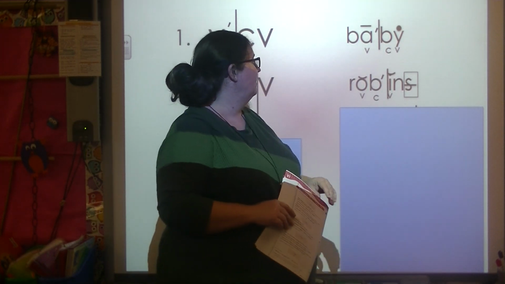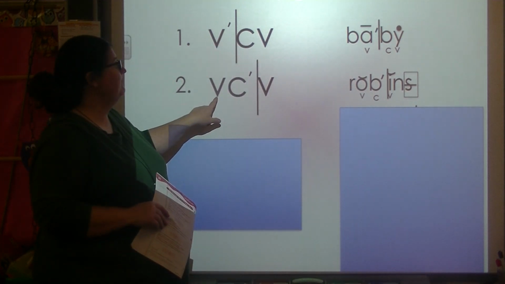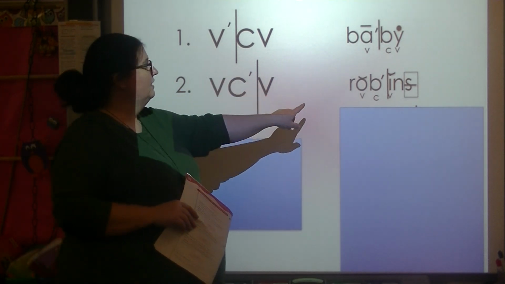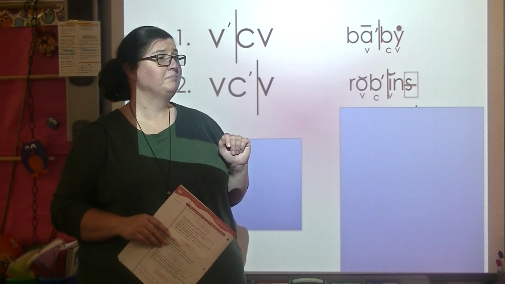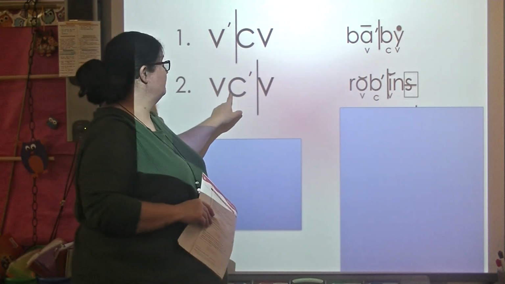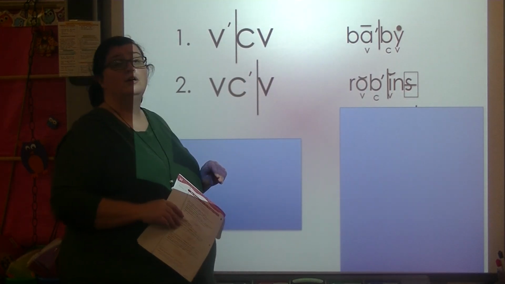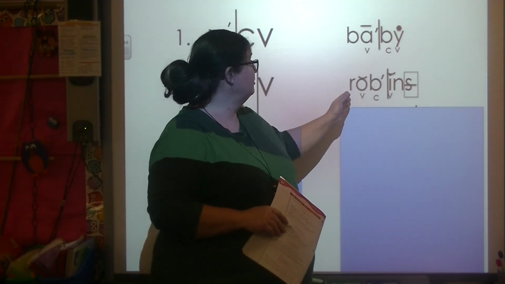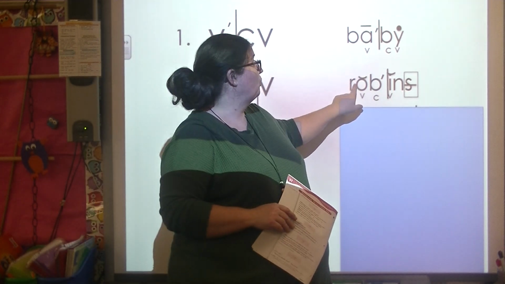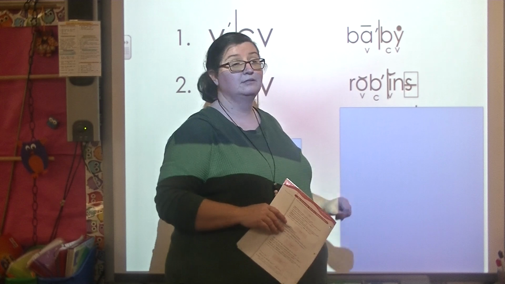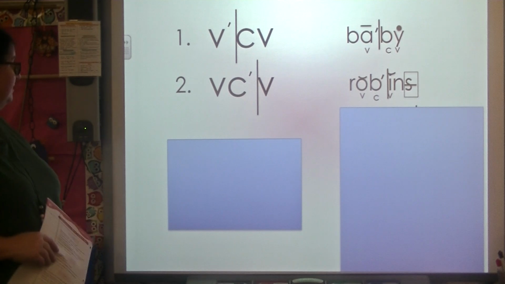Now, in this word, if you try here, that word would be Robins. Have you ever heard of Robins? No. So we had to move the syllable line over, behind the consonant, and when you do, it makes the vowel short. So now it's robins, okay?